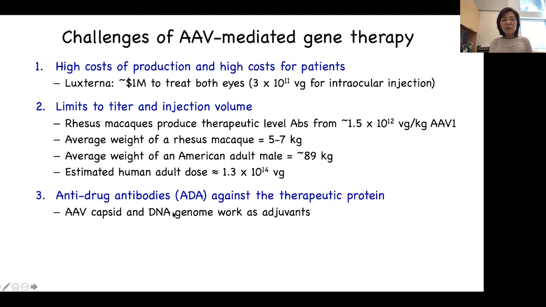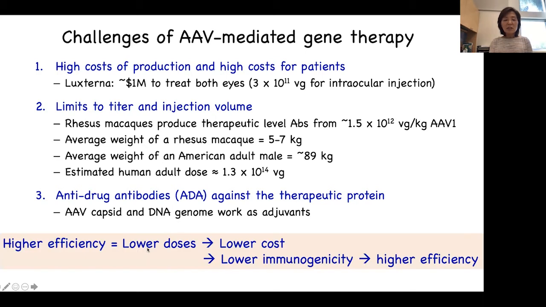So if we can reduce the amount of AAV capsid and DNA genome by 10 times, then probably anti-drug antibody production is also reduced. So basically, if we increase efficiency and lower the dose, that lowers cost and also lowers immunogenicity, which will in turn increase apparent vector efficiency.